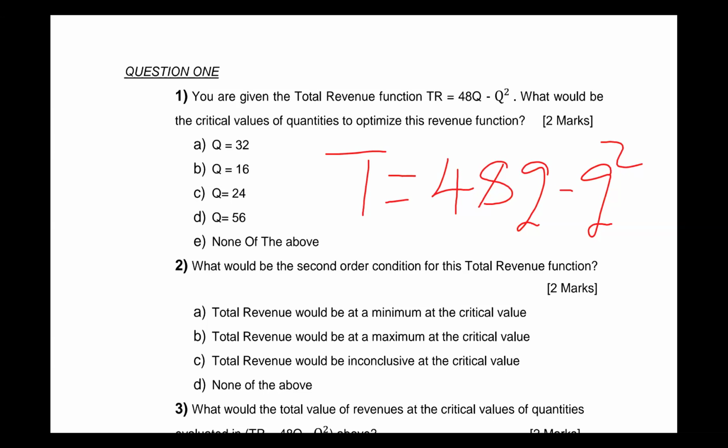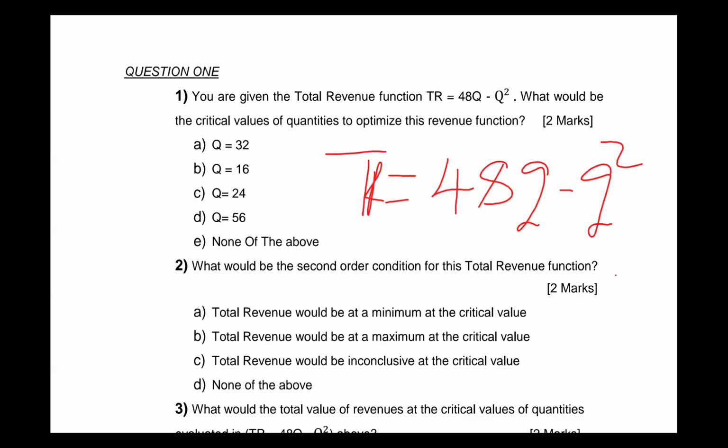So to optimize simply means to find the maximum and the minimum. So what would be the critical value? Remember that we want the values of Q now, the values of the variable in that case. Okay. So how do you go about it? Just as I showed you, you can find the critical values at the point where the function is optimized, right?